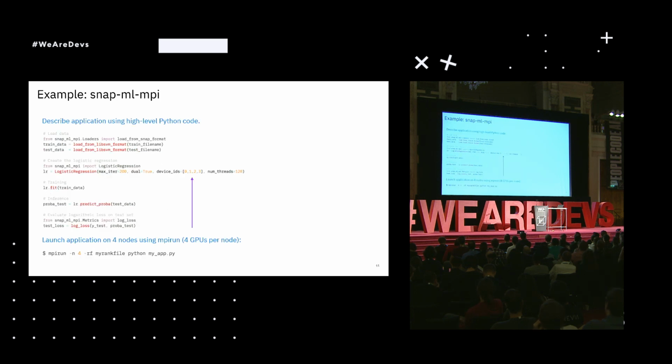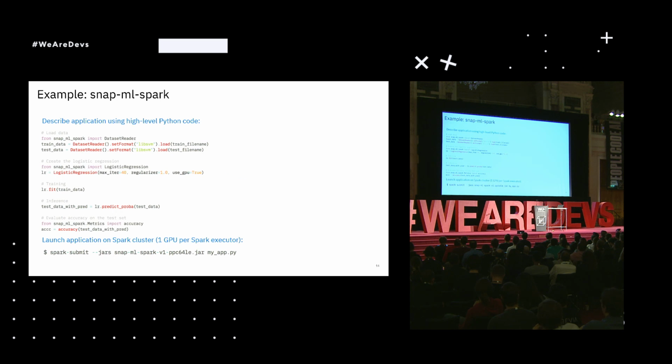Another example, the MPI example, is very similar in philosophy. We describe the application again using high-level Python code. A peculiarity here is that these are all optional parameters, but there are some peculiarities, for example, which GPUs you want to use. If you have a server with 4 GPUs, you may want to use certain GPUs. And then you basically invoke an MPI run, and you can use that to launch this logistic regression application on 4 nodes with 4 GPUs per node in this case.